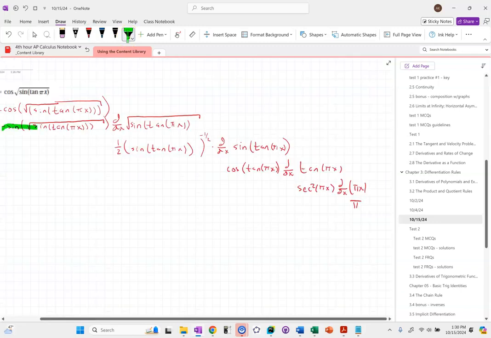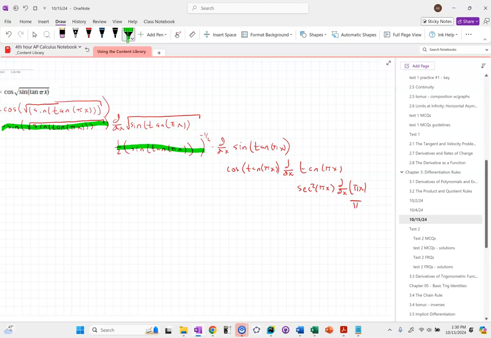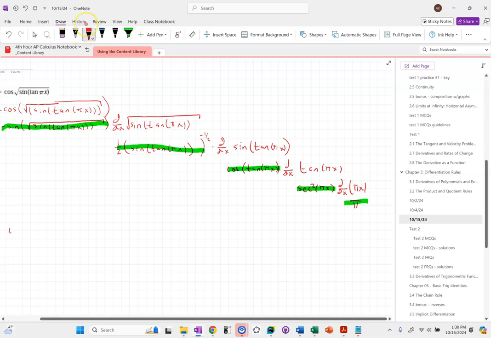So I'd have negative sine square root sine tan pi x times 1/2 sine tan pi x to the negative 1/2 times cosine of tan pi x times secant squared pi x times pi. So all that stuff just gets stuck together. Does that feel okay on how I stepped through the layers there to get to that?